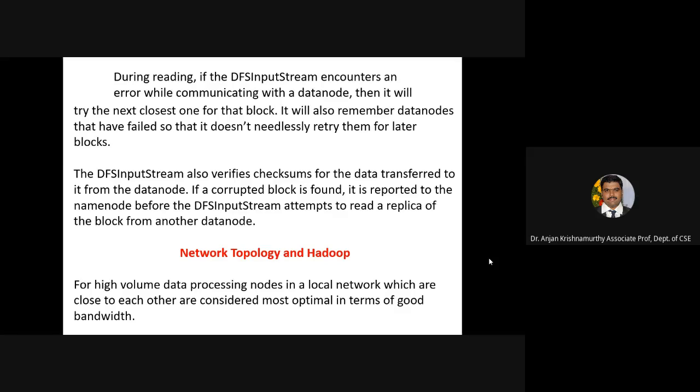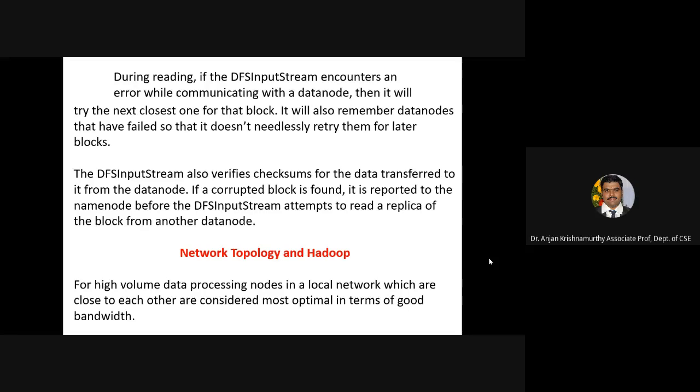The other case where failures can happen is when you are reading some particular file and you find that there is a checksum error. That is, the amount of data that was originally hosted in that data node is not the same as the amount of data which was transferred to the client, right? So there is a data node error. When you get this, it is basically the checksum error.